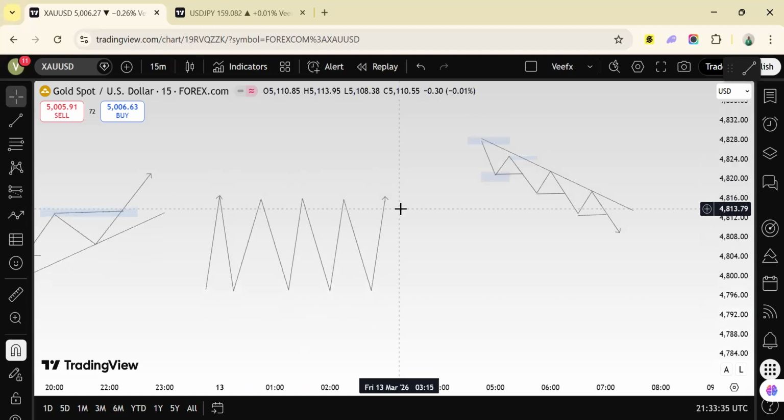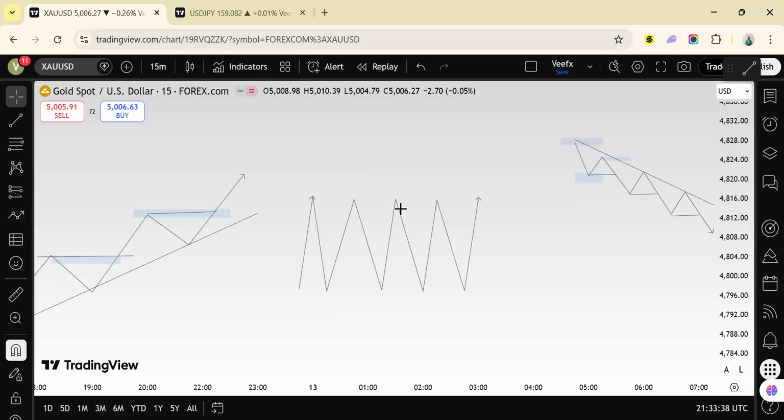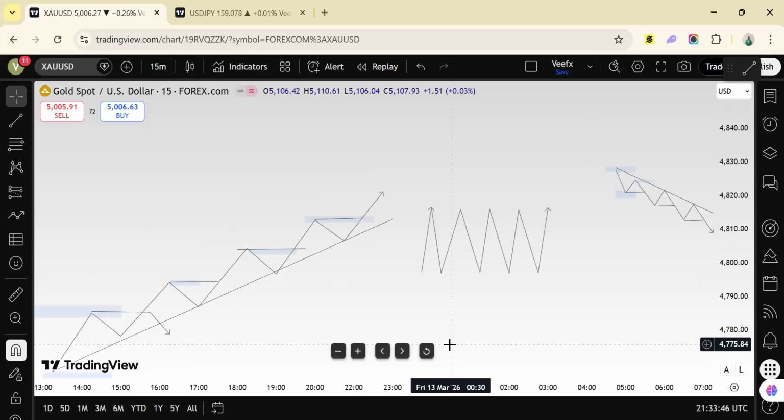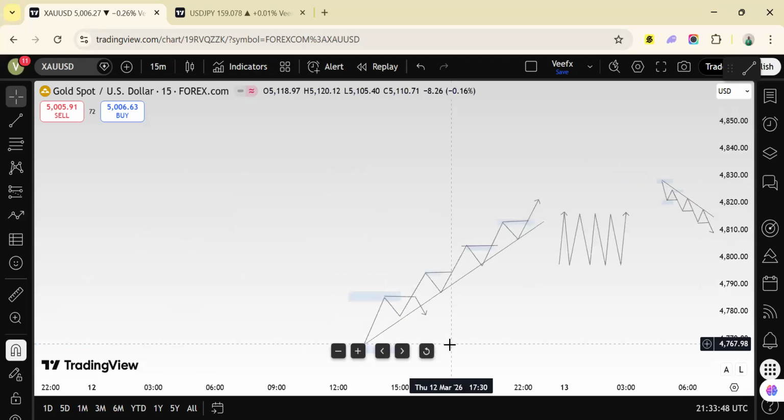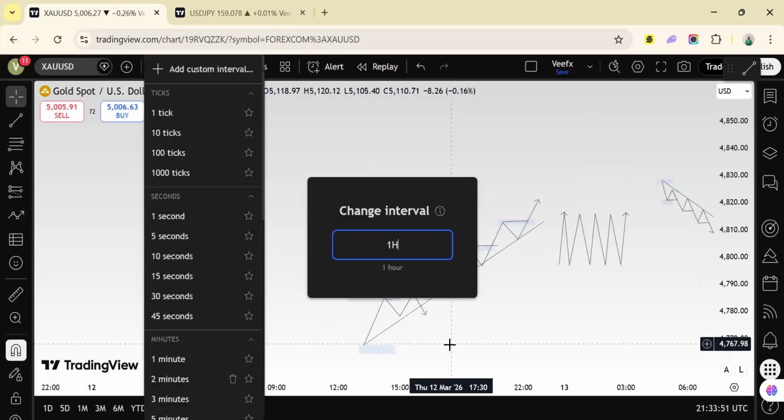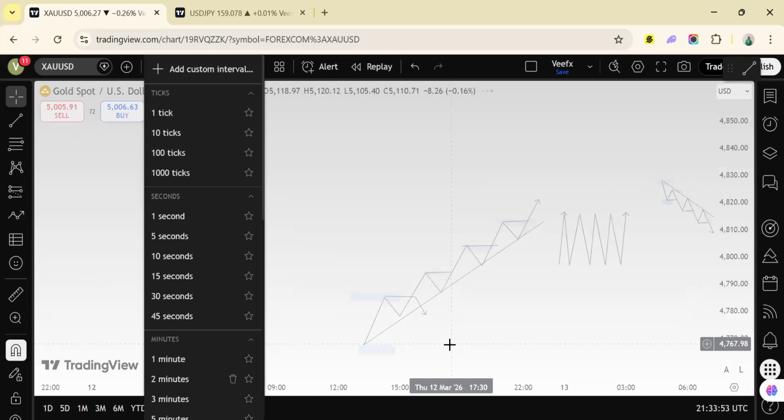So this is the third way that price makes its movement. The first one is the uptrend, the second is the downtrend, the third is the ranging market. Now, let's look at the charts to see if we can find these trends in the market.